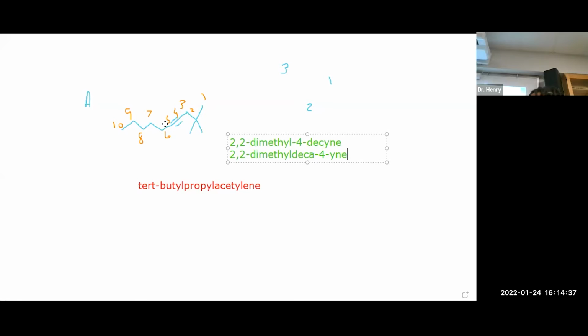The common name? Yes. The common name is going to be based upon the acetylene. Acetylene represents the triple bond, right? In this case, we have two sides, the first side and the second side, so it would have two parts to it. This guy would be 1, 2, 3, 4, 5 carbon. What would that be?